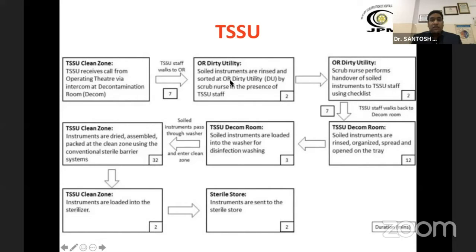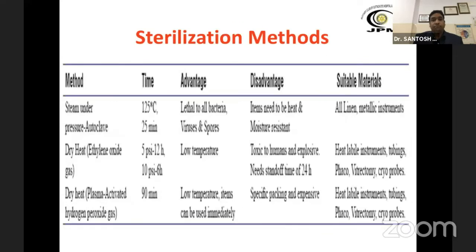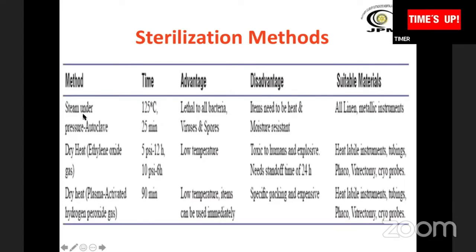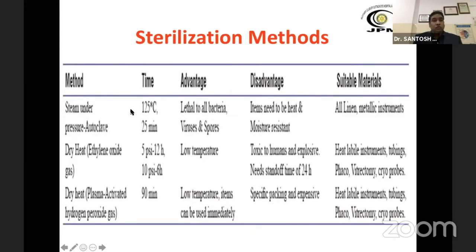All these units need to have fixed persons responsible, and once they are contacted, they need to come to the next zone to receive the instruments, and then the flow of instruments goes the way I just discussed in my previous slide. The sterilization methods were already described by Dr. Sabyasachi Patnaik and include both steam and dry heat.